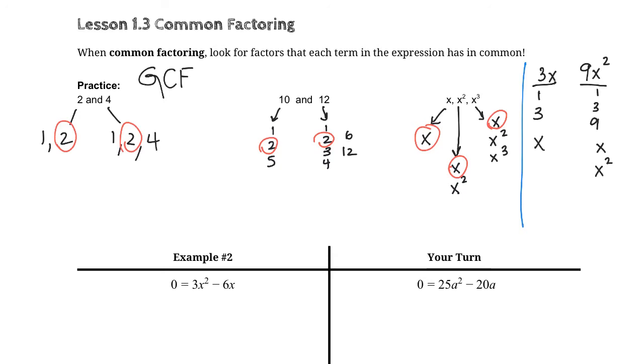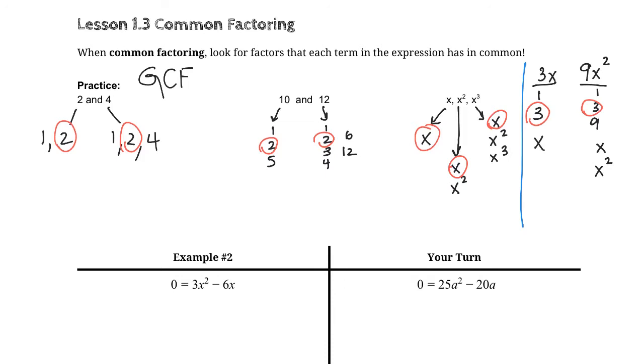So now that we've listed out all of the factors, we need to find the greatest common factor. So we need to pick out the biggest number or the biggest variable that shows up in both sets. So if I scan the numbers first, I see that 3 is the greatest common factor for the numbers.